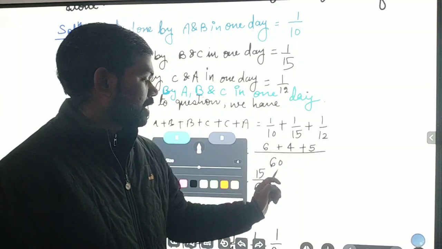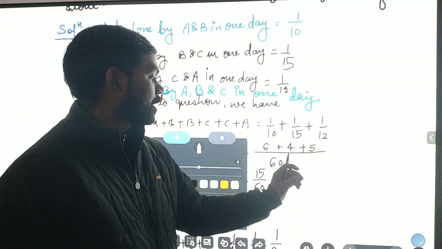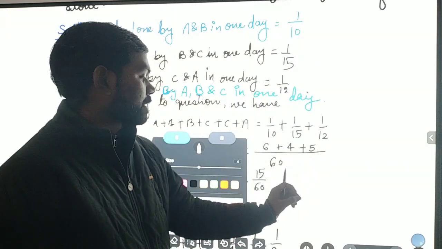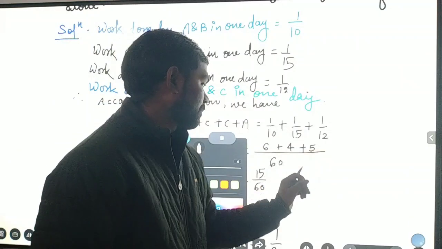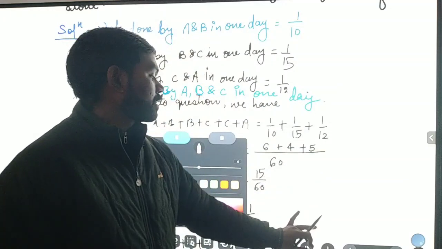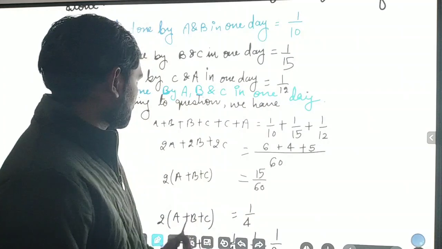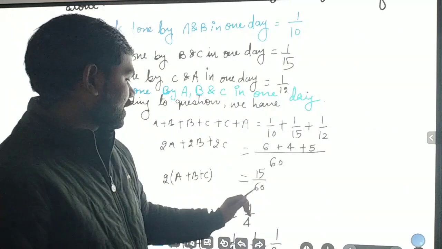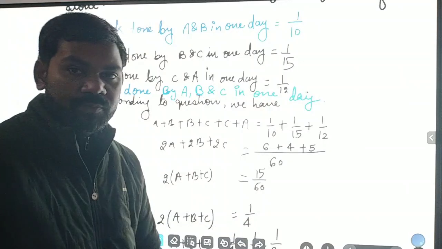Similarly, when 15 divides 60, we get quotient as 4, and 4 multiplied by 1 is 4. And when 12 divides 60, we get quotient as 5, and 5 multiplied by 1 is 5. So this is the solution. And here, 15 upon 60 in the simplest form is 1 upon 4.